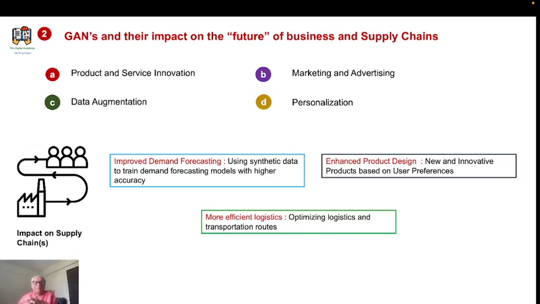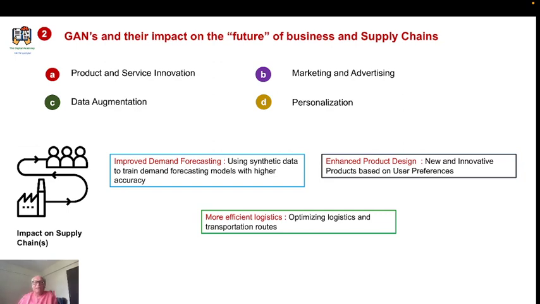Similarly, it has an implication for efficient logistics, which optimizes logistics and transportation routes. And we did talk about product and service innovation as a big impact area. Obviously, in furniture, apparel, and consumer electronics, new and innovative products are based on user preferences. So these are the big themes on which the future of businesses gets impacted.